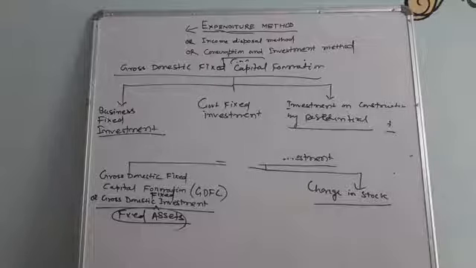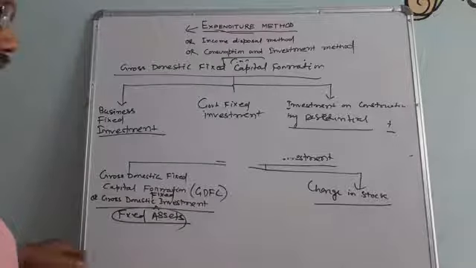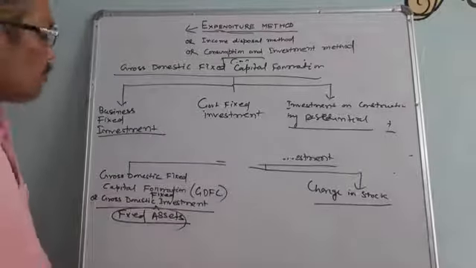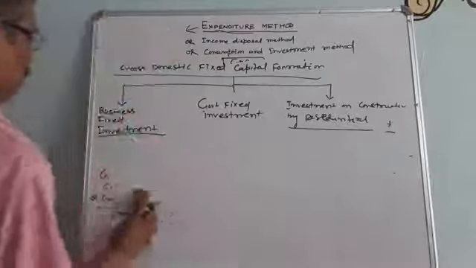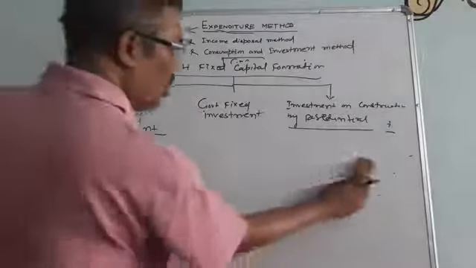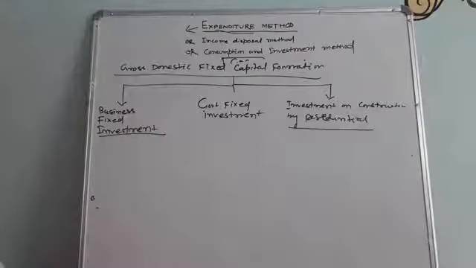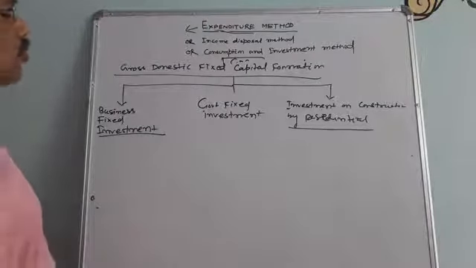It measures the expenditure on construction, the volume of material inputs. Whenever we construct a house, the inputs we are using are called investment on construction by residential households. What are the inputs we are using?